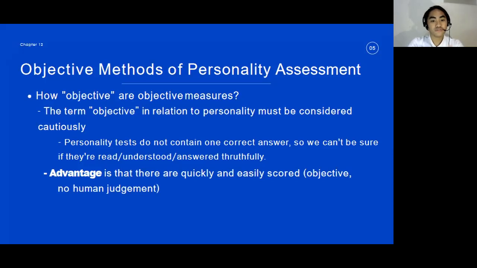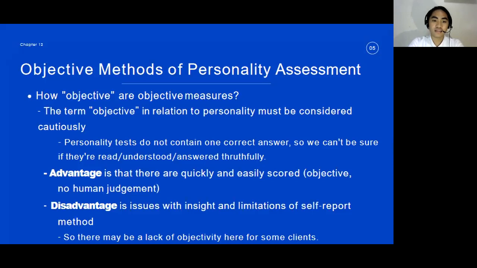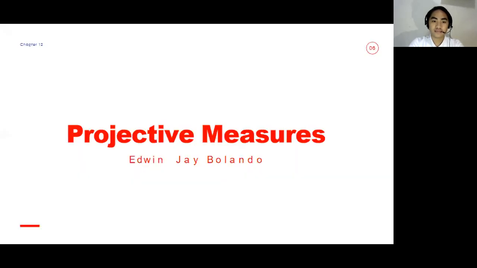Once you put up your survey app, you don't need to sit there as the person fills out the survey. They can complete it on their own time at any location, and that saves you a lot of time as a researcher. There is no human judgment going on there, it's just a matter of scoring. The disadvantage is the issues with insight and the limitations of the self-report method. So there may be a lack of objectivity here for some clients.